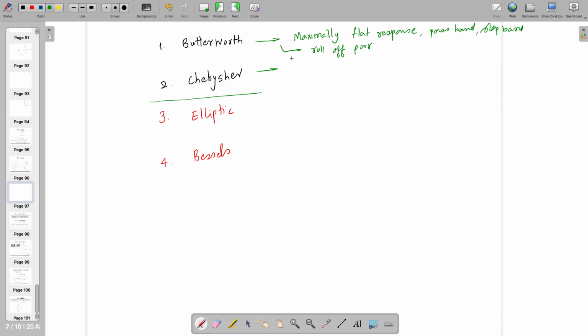Then if you are looking at it, it is an all-pole transfer function, normalized to the center frequency which you need, omega 0.